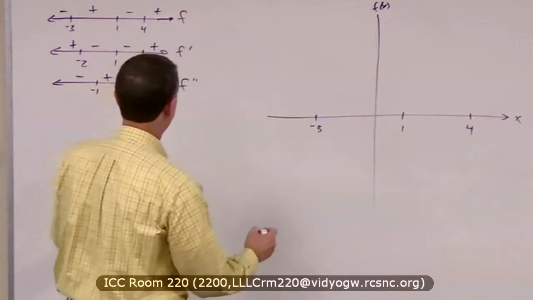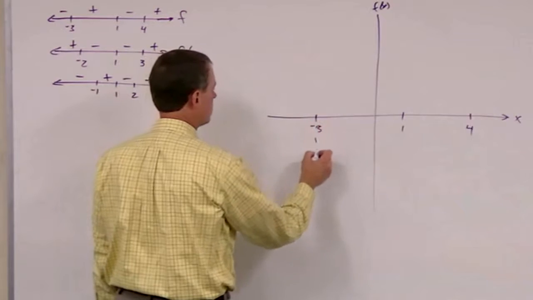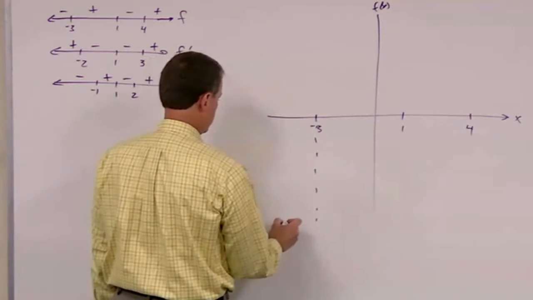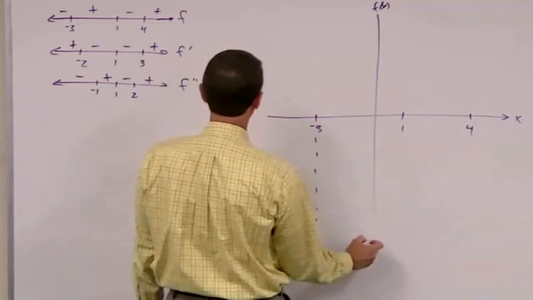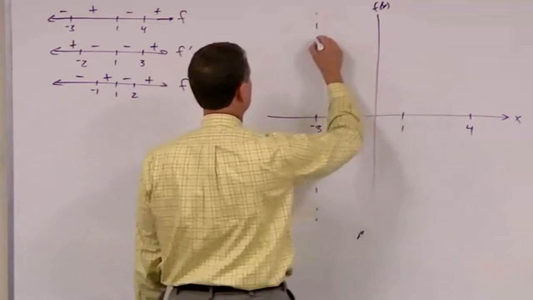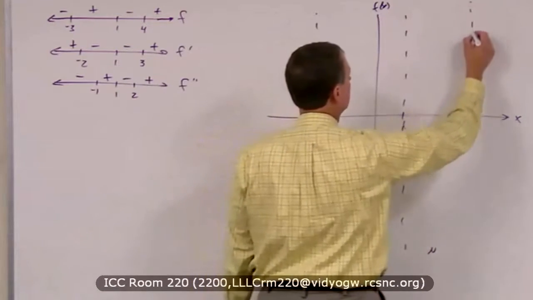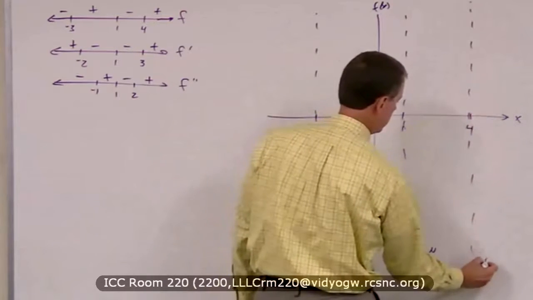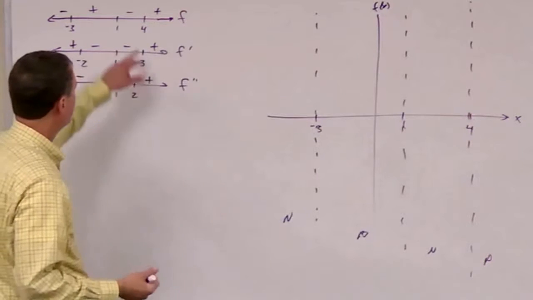And the graph itself is negative, positive, negative, positive. Okay, so that's what I know from the first one.